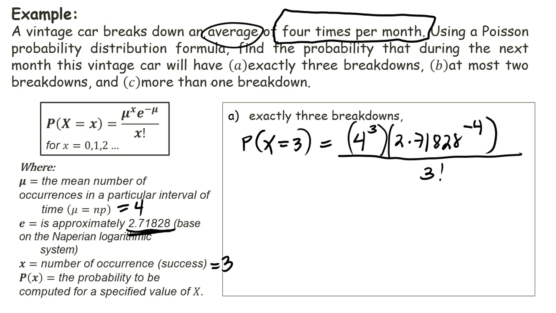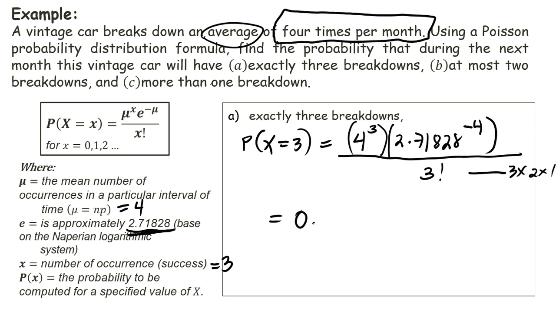Ayan. So, 4 raised to 3 muna. Tapos, 2.71828 raised to negative 4 muna. Imumultiply niyo yan. Tapos, itong si 3 factorial po, that is 3 times 2 times 1. So, that is 6. I-divide niyo po siya sa 6. Anong makukuha nyo?